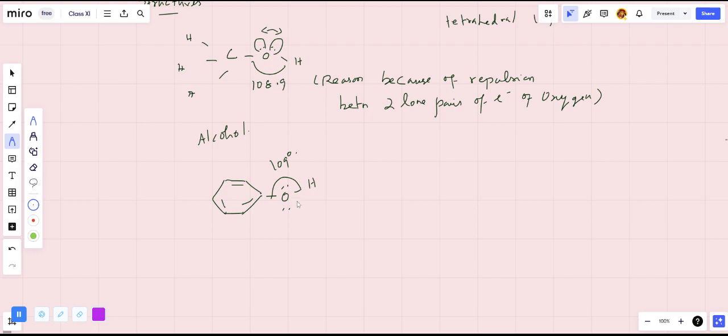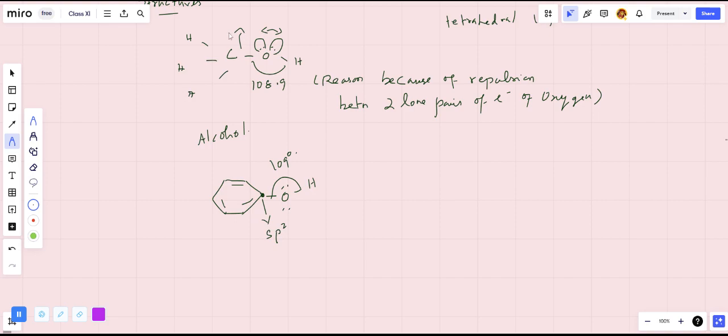The reason is the C-O bond here, the carbon is sp2. So sp2 means more s character, that means it tries to attract oxygen towards itself. So the bond length is a little bit shorter than this bond length actually.